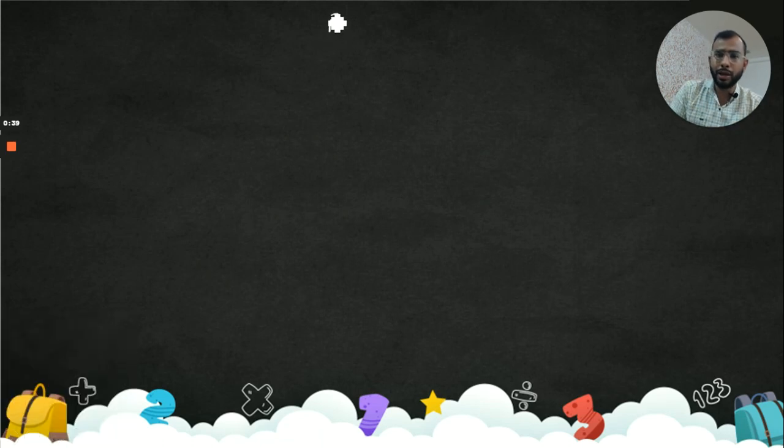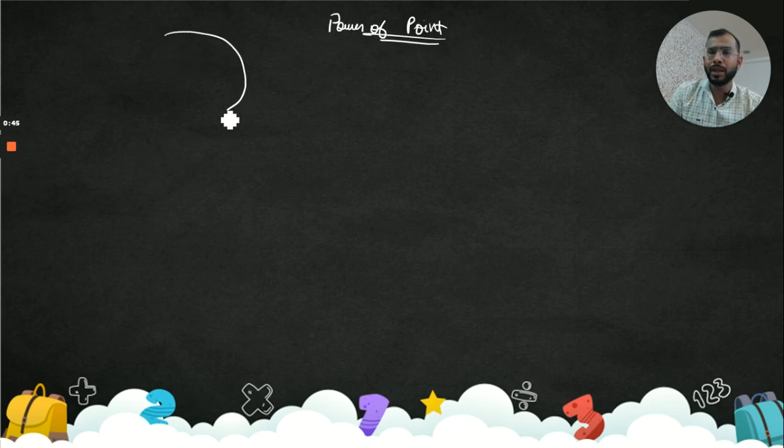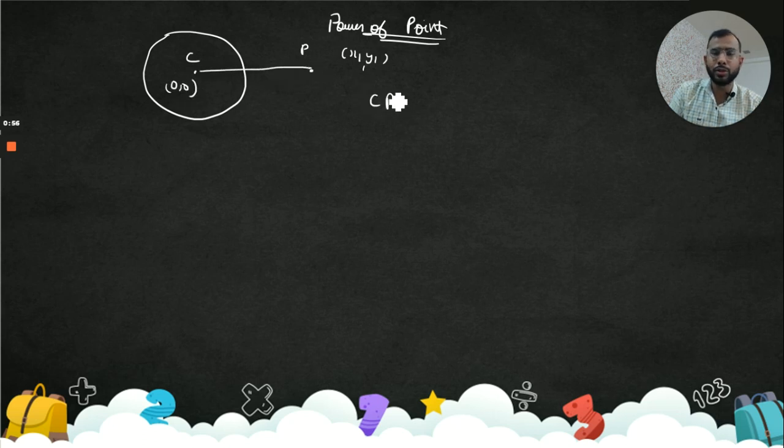First, when we talk about power of point, what does power of point mean? It's a very easy thing. If there is a circle with center and there is a point (x1, y1). Let's say the center is (0, 0). This is CP square, the CP distance. So CP square minus r square, where r is the radius, is your power of point.